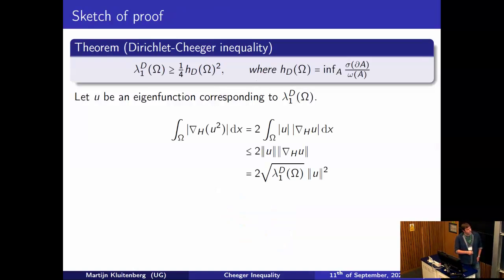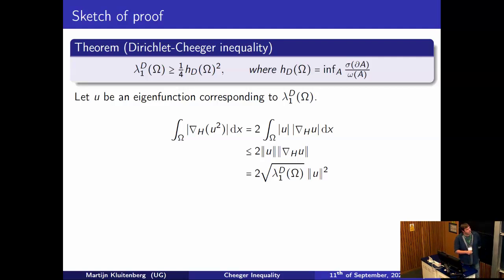By the chain rule, that's equal to this quantity, and by Cauchy-Schwarz, it's bounded by this norm. Since we have the variational characterization of the first eigenvalue, this norm of the horizontal gradient I can replace by the eigenvalue times the norm squared, or just once the norm actually. So this is 1/2.